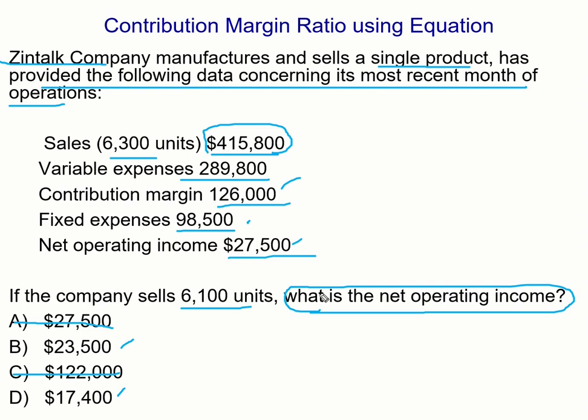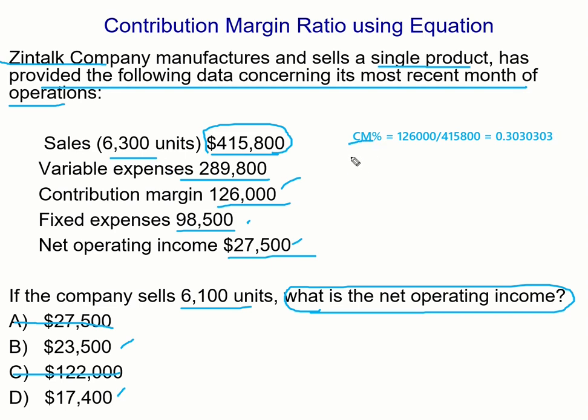For one thing, I can find the contribution margin ratio immediately by taking 126,000 divided by 415,800, and it's going to be 0.303030, rounding. It's not a good ratio to illustrate, but all I did is take the contribution margin of 126 divided by sales. So this is the contribution margin ratio.